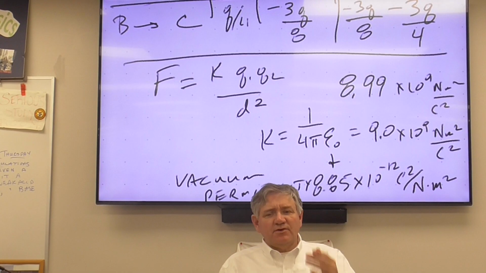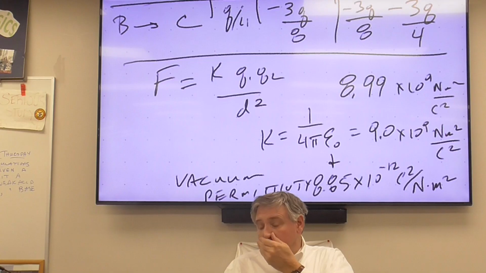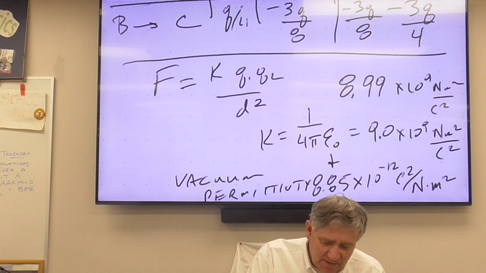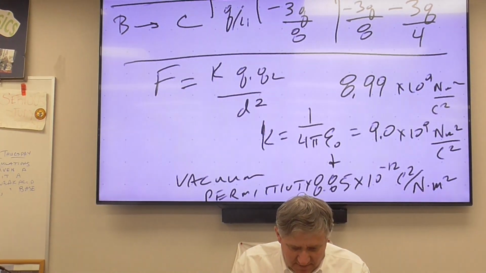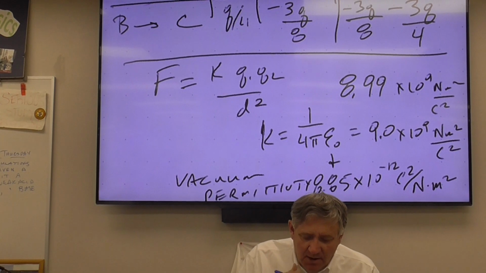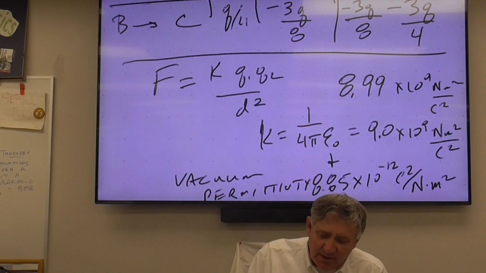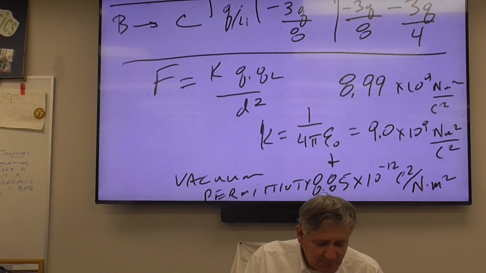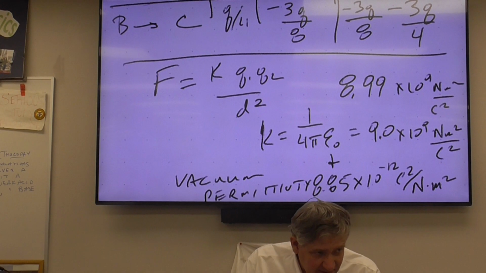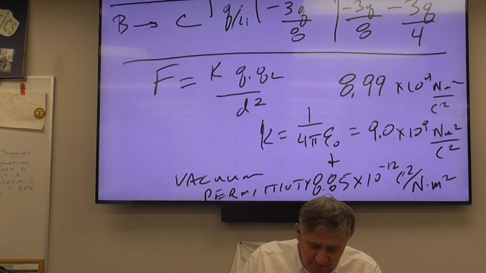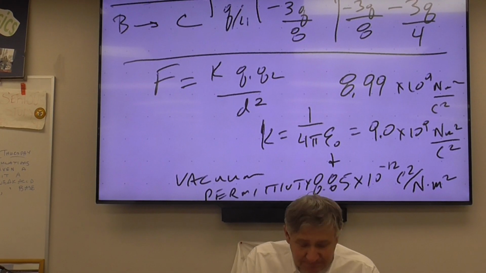So if you look on your equation sheets, what you have for this lowercase k, this constant, the pure mathematical version of this is 1 over 4 pi epsilon naught. You have the vacuum permittivity constant, and then the vacuum permeability constant.